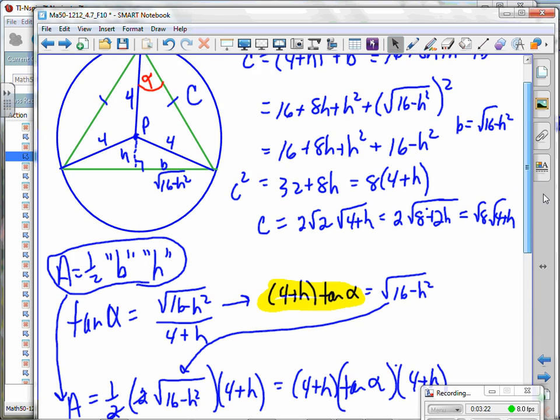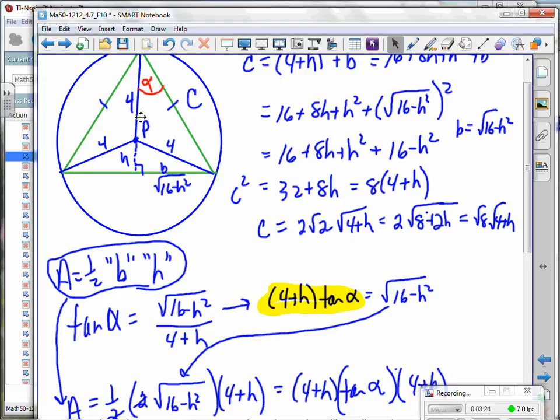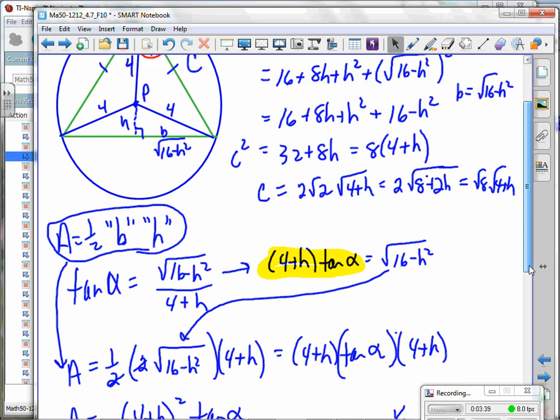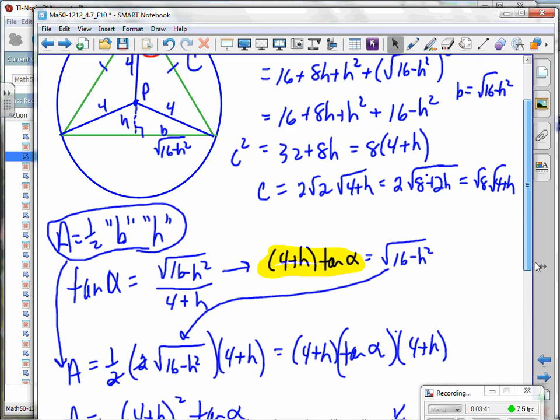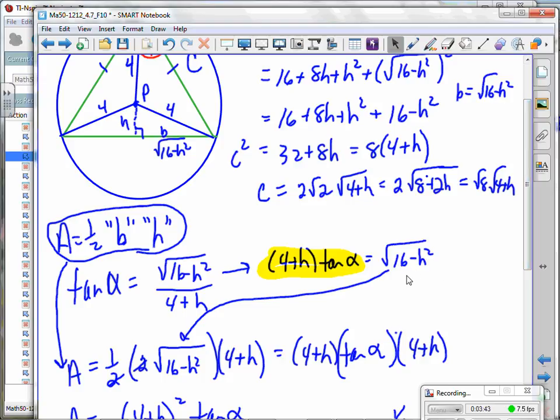We know tangent is opposite divided by adjacent, so we multiply both sides by 4 plus h, and the reason we did that is because in the area formula we have a base.